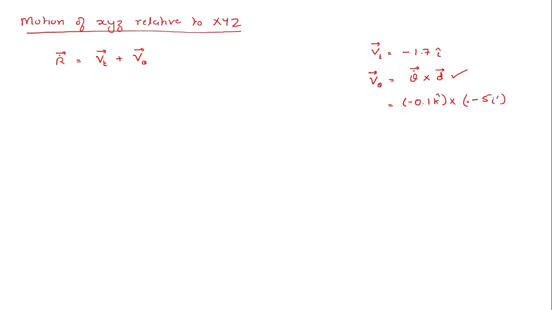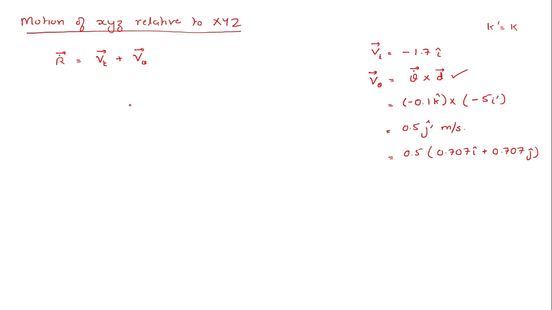Now here k dash and k are the same. I don't need to change here since both are oriented in the same direction. So this will be equal to 0.5 into j dash cap meter per second, which I can express in terms of the fixed coordinates as 0.5 into 0.707 i cap plus 0.707 j cap.